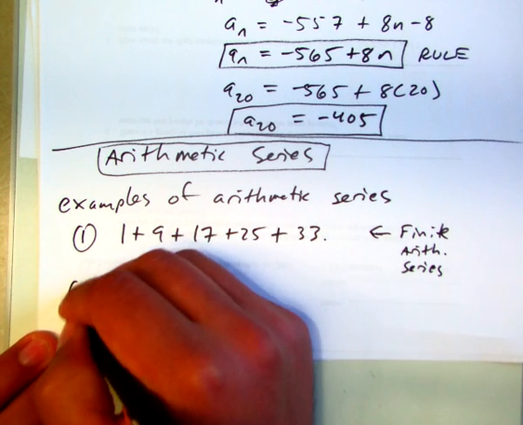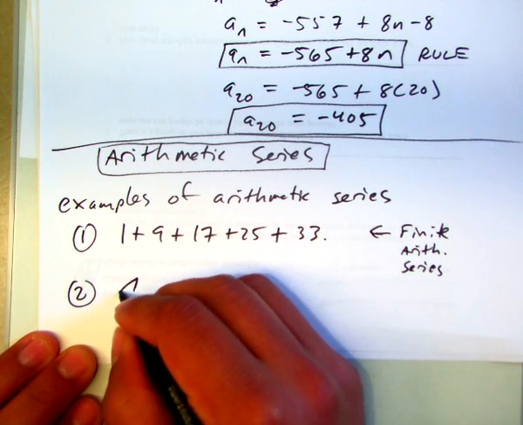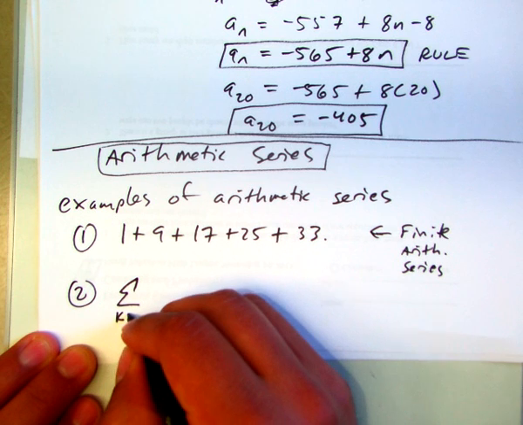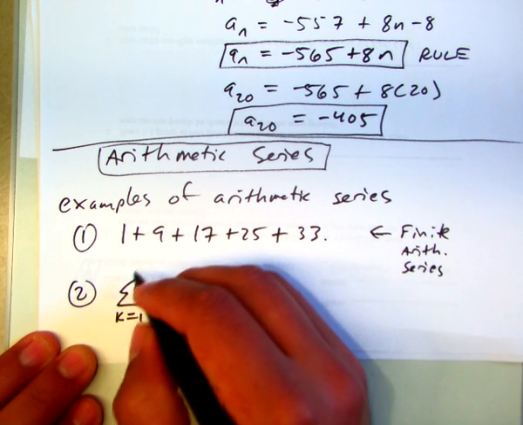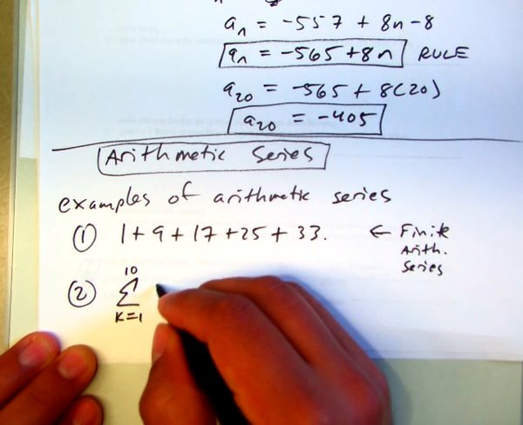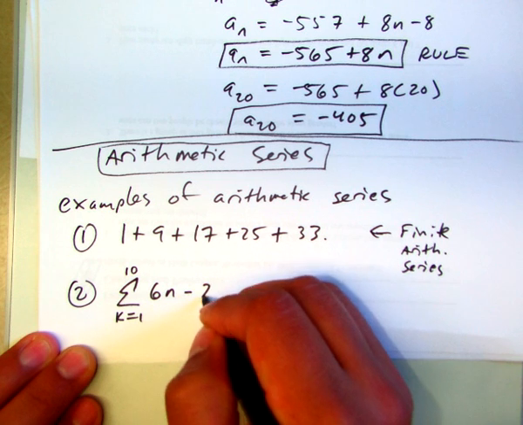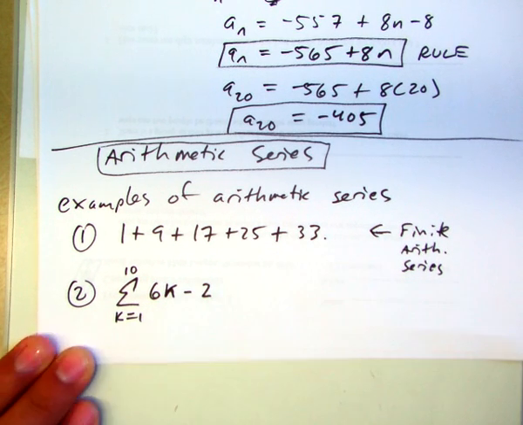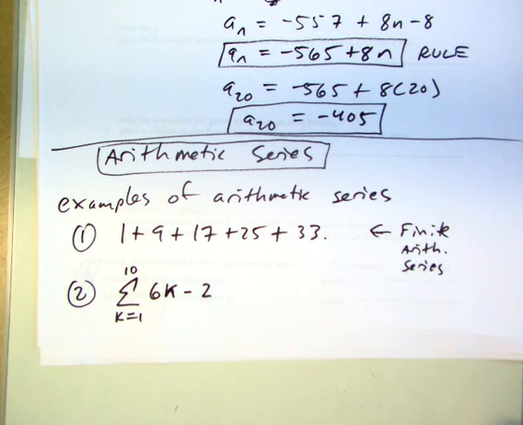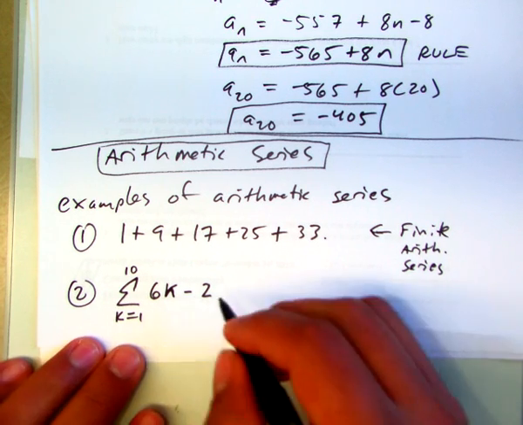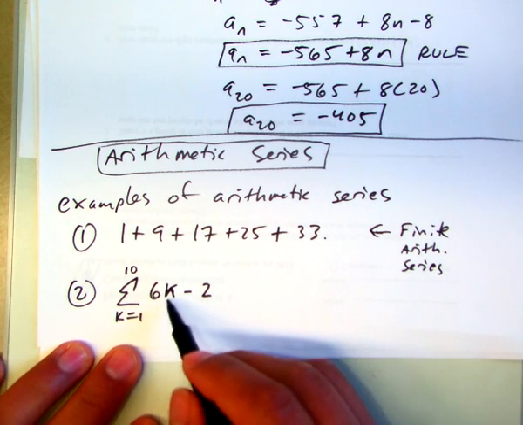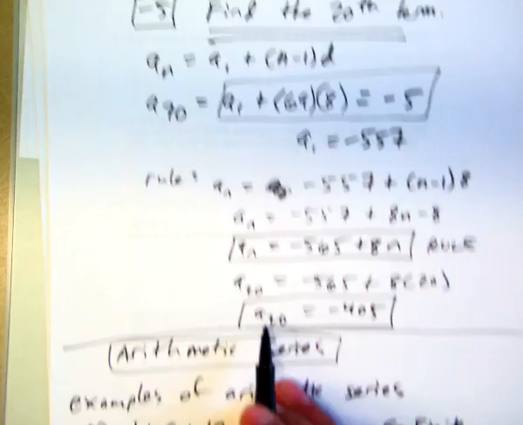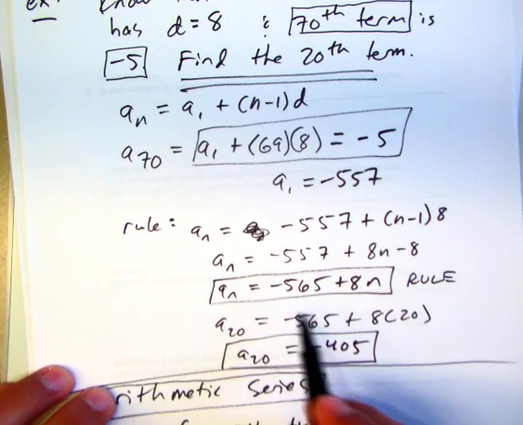It could also be written in this form. So we have the sigma notation, let's say from k equals 1 to 10, of 6n minus 2. Or I'm sorry, we have to use the same variable. 6k minus 2. I know that this is arithmetic because it's got that pattern that all our arithmetic formulas have.